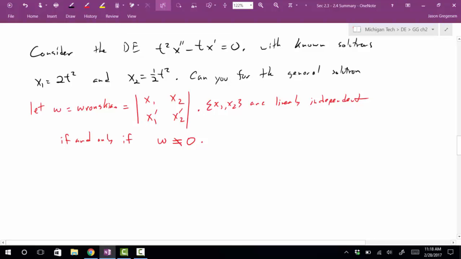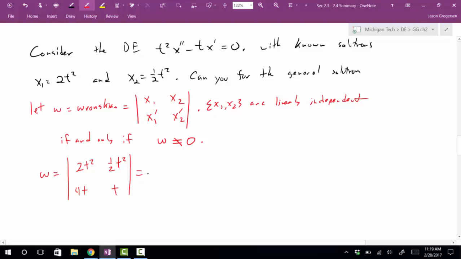So now the application is this. Let's calculate my Wronskian for this problem. My x1 is 2t squared. My x2 is 1/2 t squared. I can calculate the derivative of x1. I calculate the derivative of x2. And then I calculate my determinant.